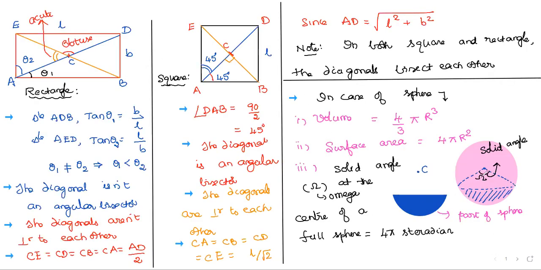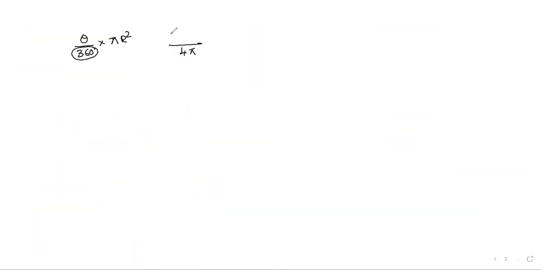At the center, it is not 360 degrees, it is 4 pi steradian. For the part of sphere, the angle at the center is not theta, it is omega, into area, not pi r square, 4 pi r square. So shall I use this formula? Yes, to find the area if you know the steradian angle.